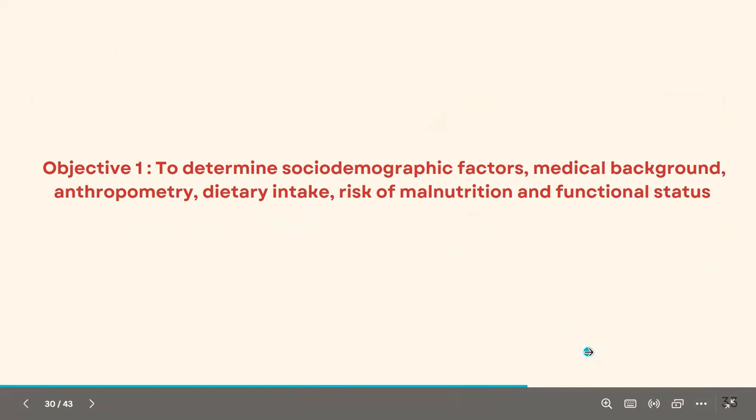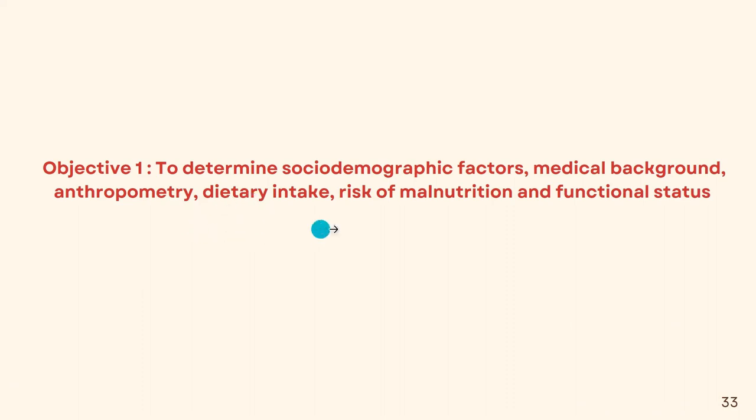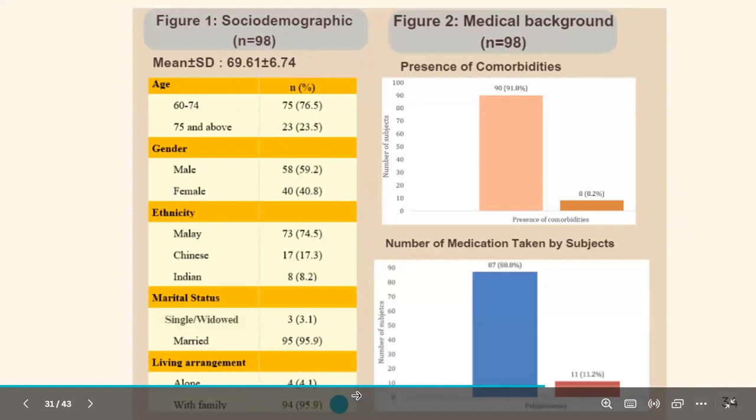Okay, objective number 1 is to determine the socio-demographic, medical background, anthropometry measurement, dietary intake, risk of malnutrition, and also functional status. For socio-demographics, the mean age of the patients is about 69 years, with the majority being male, Malay, married, and living with family.